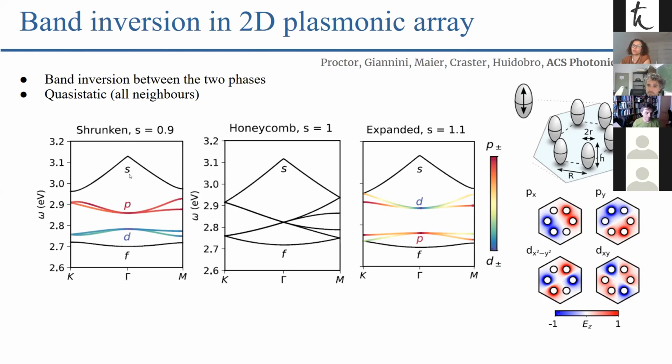So when they are contracted, the ordering of the modes is the one that one would expect: monopolar, dipolar, quadrupolar, etc. modes. And when the system is in the expanded phase, the ordering of the modes close to this band gap opening is flipped.